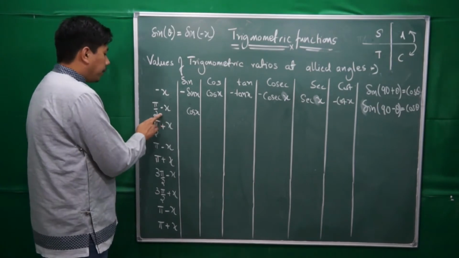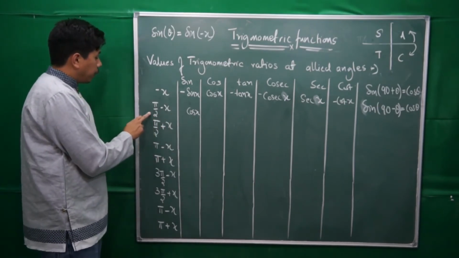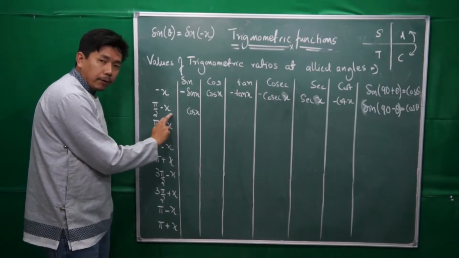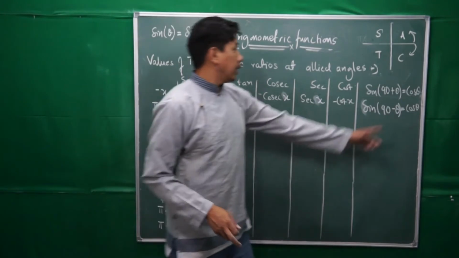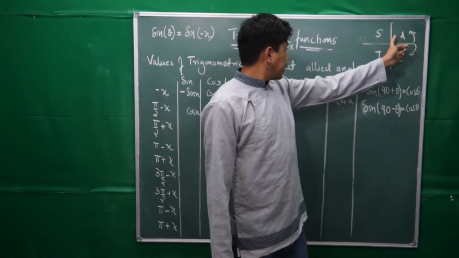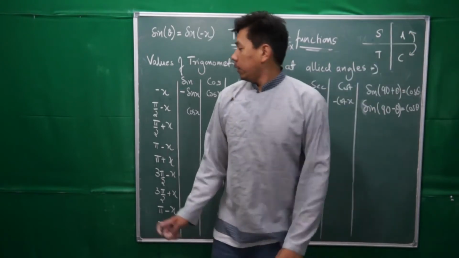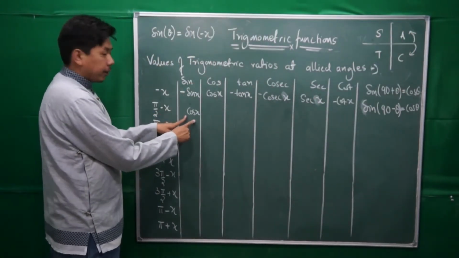But what about the sign? Is it positive? Is it negative? We are subtracting a certain value x from 90 degrees, therefore it falls in the first quadrant range. For this range, everything is positive. Therefore, for sine 90 minus x, we get cos x.